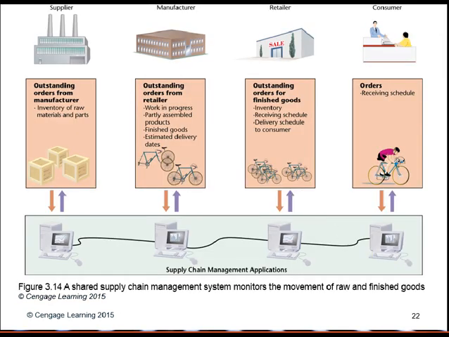And here we see a supply chain management system going from an order received to the inventory maintained in a warehouse for finished goods, to a retailer, to a manufacturer.